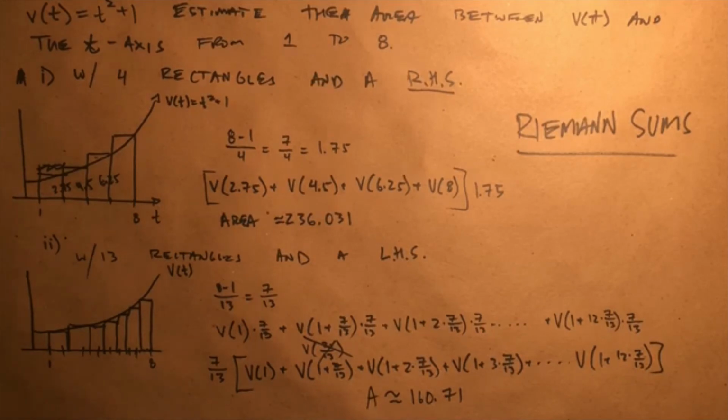So the more rectangles that we make, the less extra space I'm going to have on my curve. And so this should be more accurate than that was. Okay, in 5.2, we are going to discuss how to get the exact area underneath a curve and what that means.